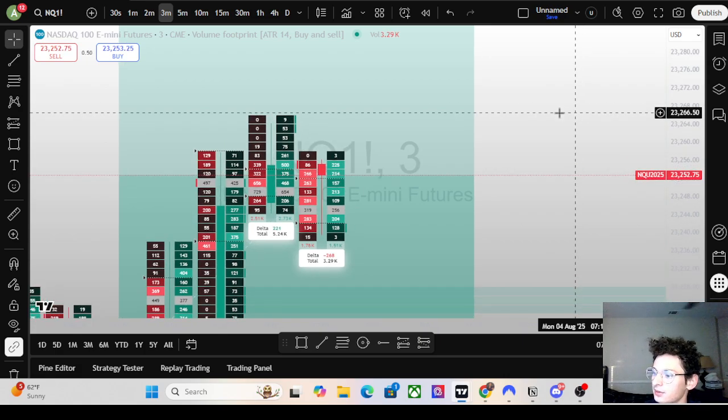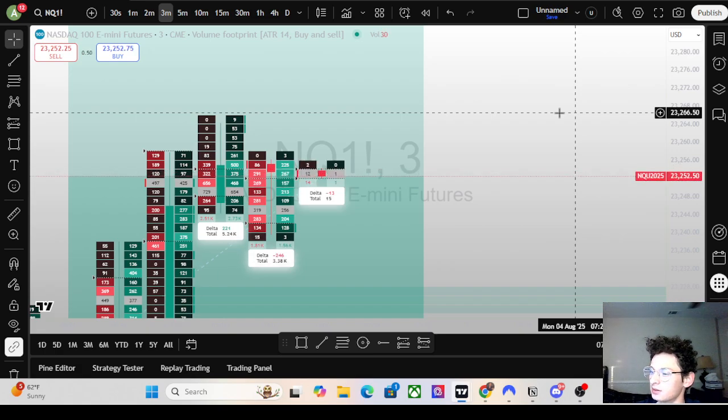Because when you usually have severe negative delta but you have buying pressure, it lets you know there isn't as much selling pressure as there really is. If that makes sense.